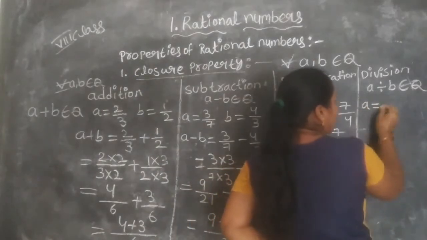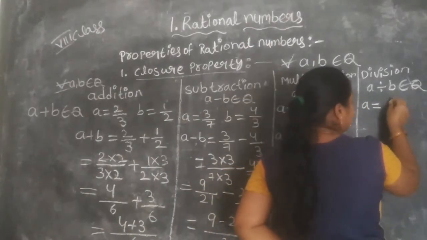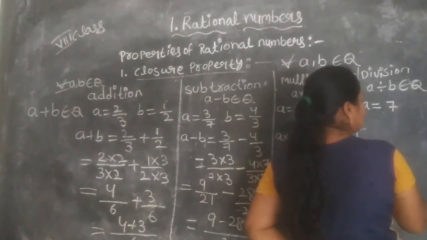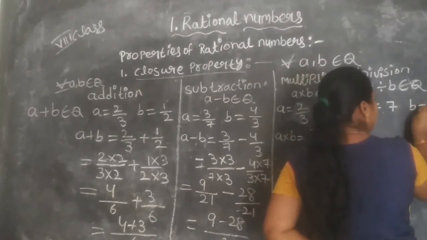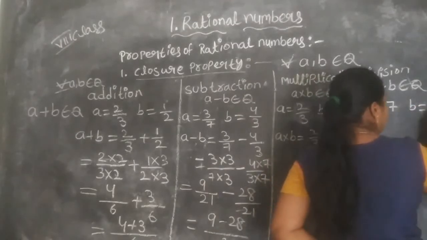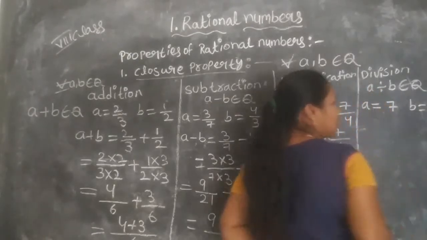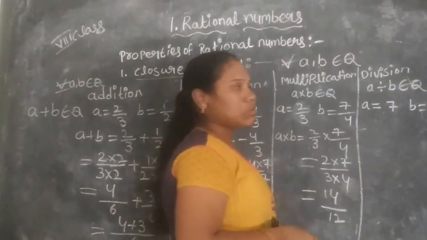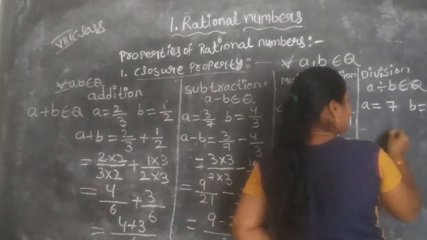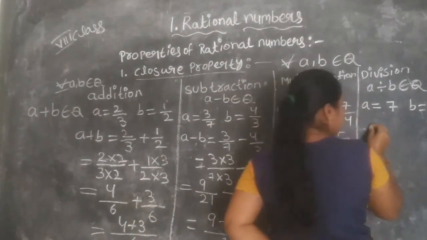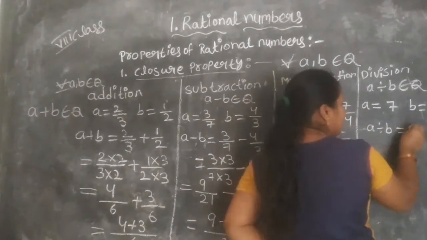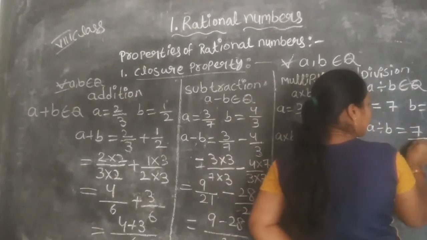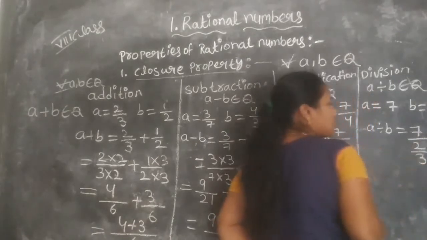So a is equal to 7, b is equal to 2 by 3. So a divided by b is 7 divided by 2 by 3.